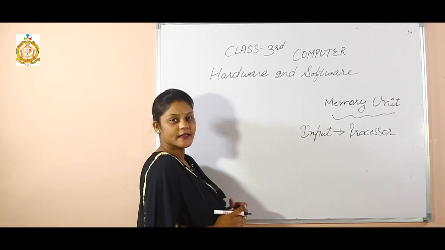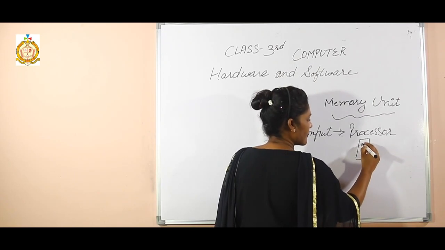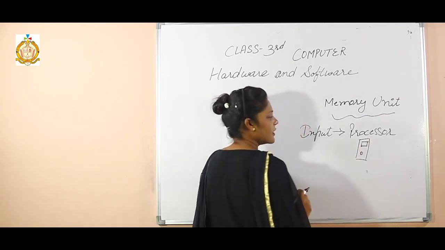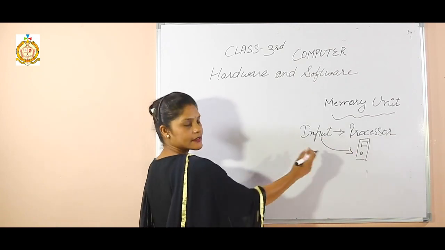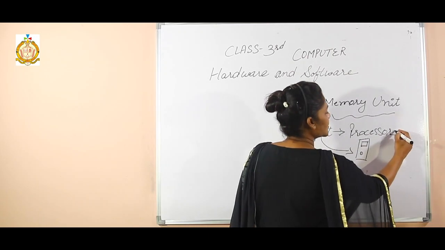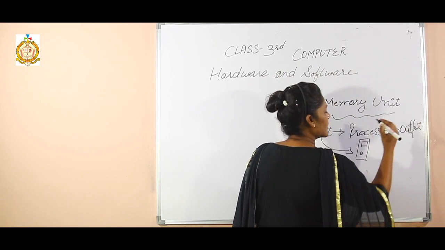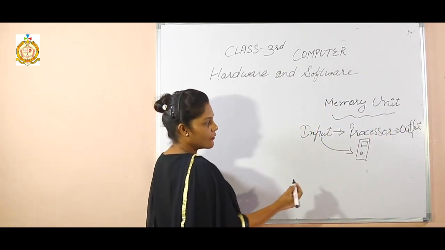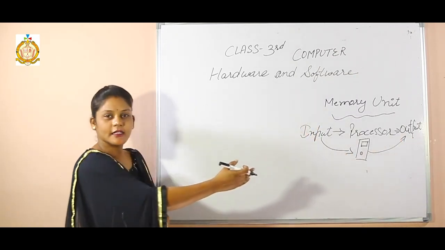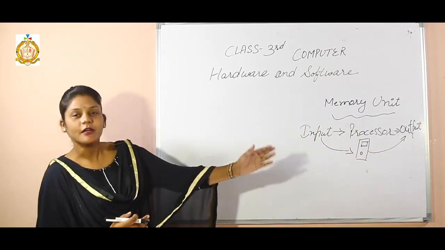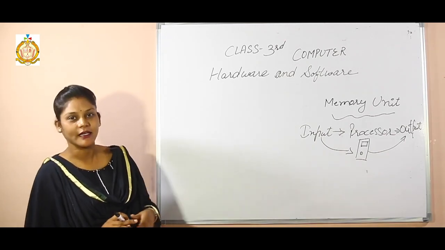Which is the processor? That is the CPU. All the processing portion starts from the CPU part, and the last one is output, and you will get the result in the form of output. After that, the processor gives the result as output after the processing in the CPU. So I hope you all are clear with this.